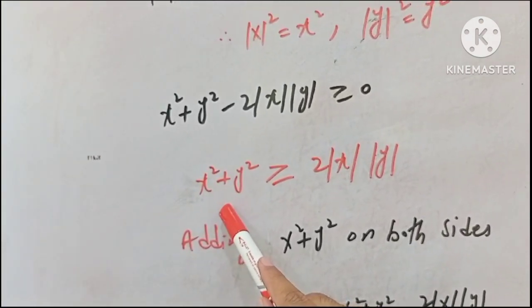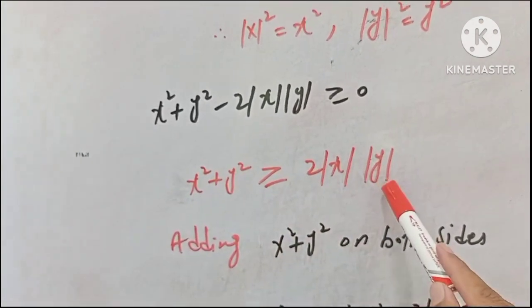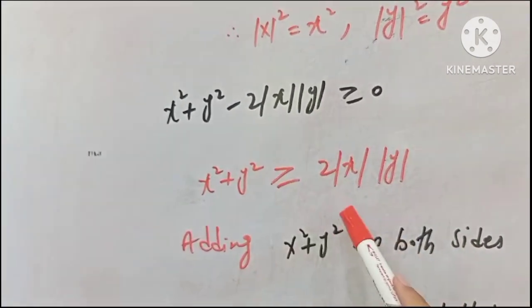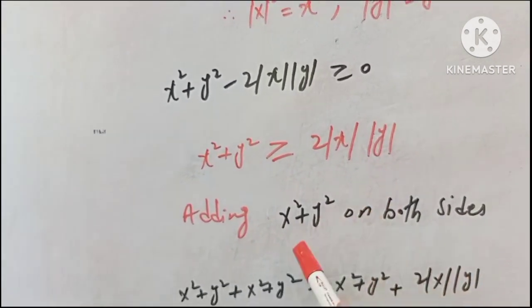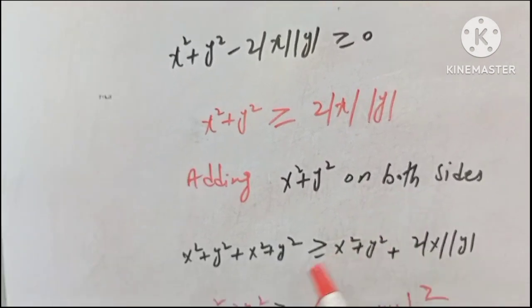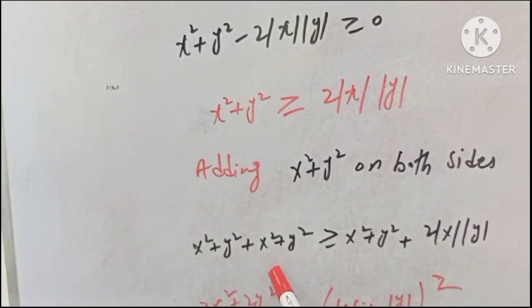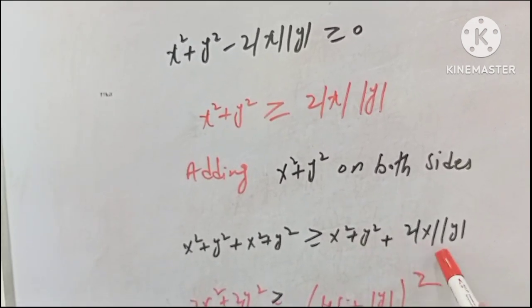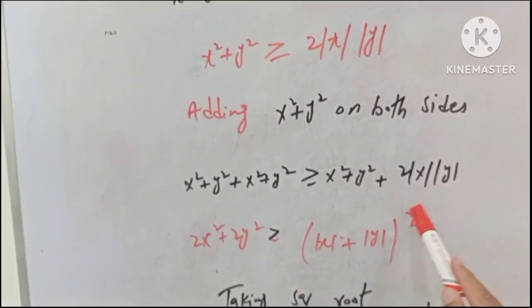Now x² and y², we take them to the other side of the inequality. It becomes positive 2|x||y|. Adding x² + y² on both sides: x² + y² + x² + y² ≥ x² + y² + 2|x||y|.